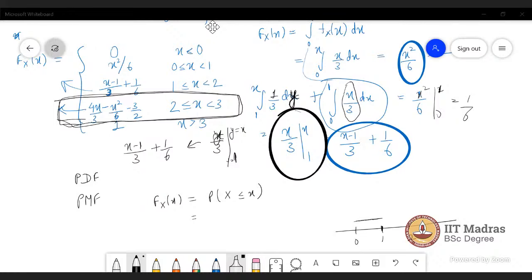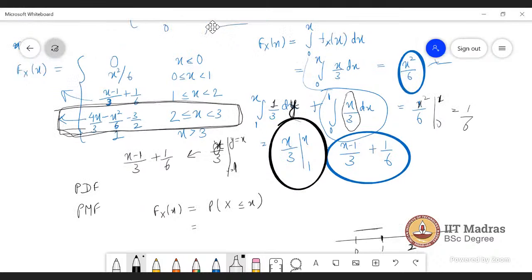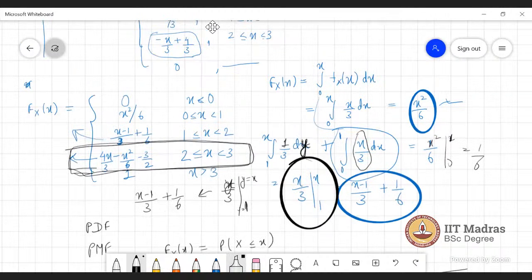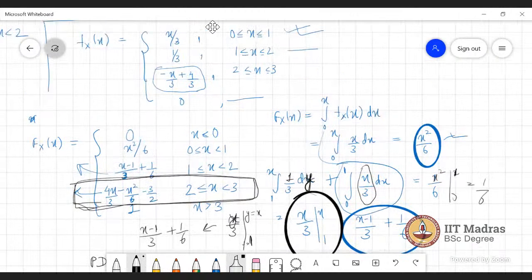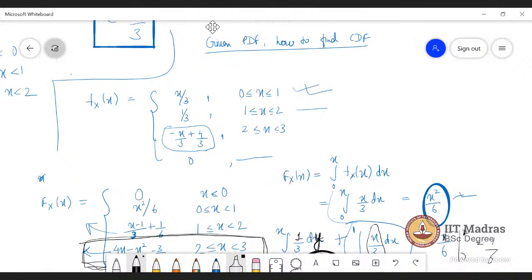So 4x by 3 minus x square by 6 in the range 2 to x, sorry, 2 to x, and minus the same thing in the range 0 to 2, plus. You had fx to be this. Then I have to integrate this term also, right? Yeah, you have to integrate this term.